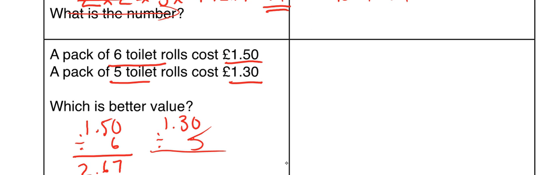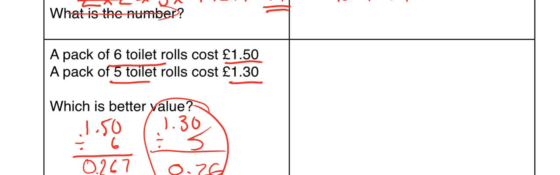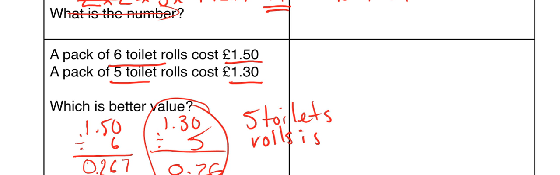I've made 2 mistakes. So I can see this one's the better value, so the 5 toilet rolls is better value.